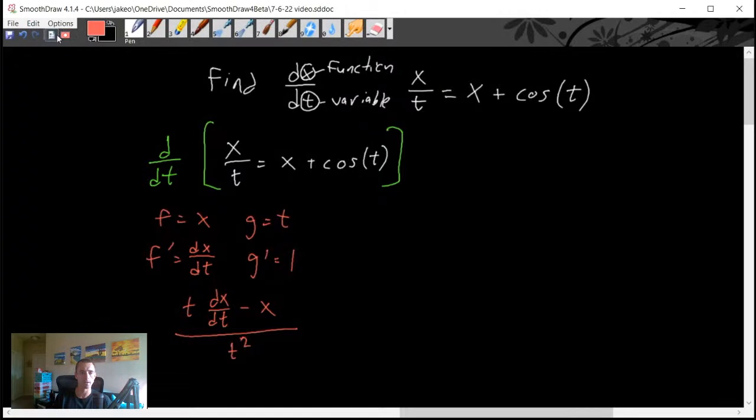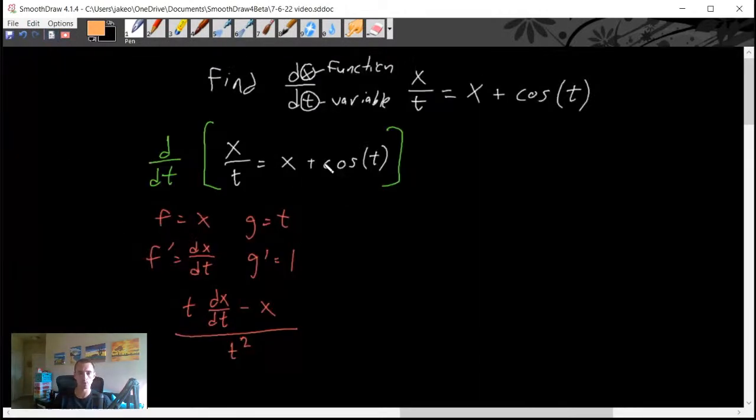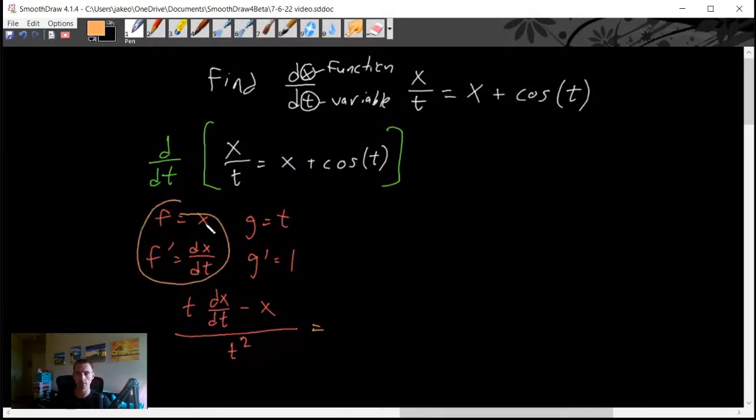Okay, so that is the left side of our equation. Now, for the right side of our equation, we need to take the derivative of x. Well, again, we need to take the derivative of x with respect to t. t is our variable, x is a function. Just like we said here, the derivative of x with respect to t is dx dt.